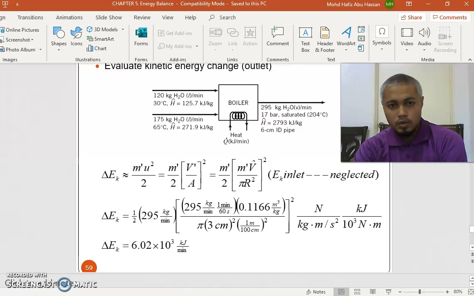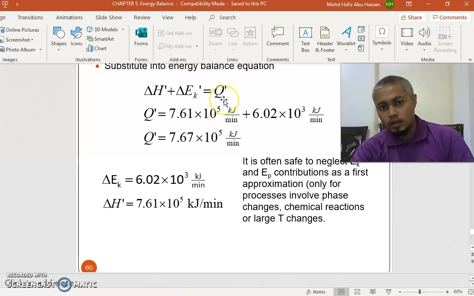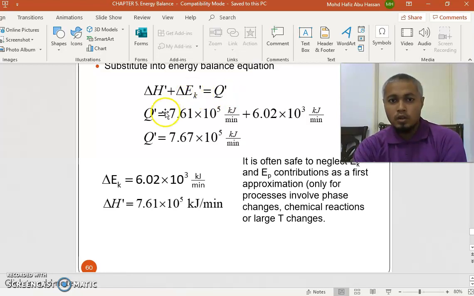Okay, then we go to the next step, where we just plug in the values that we have, where previously we omitted potential energy and also the work done by the shaft, because both gave 0 value.